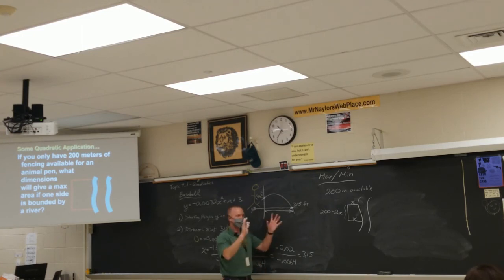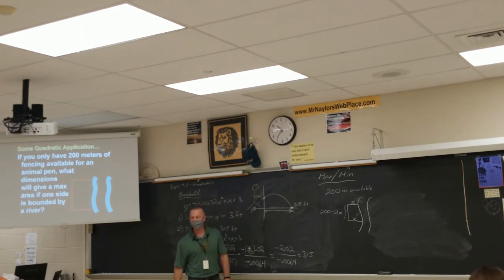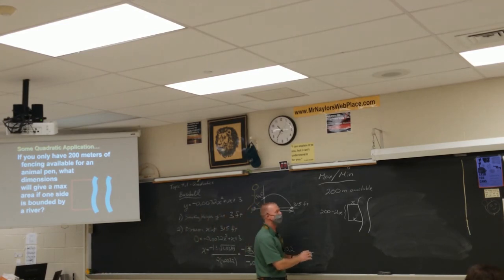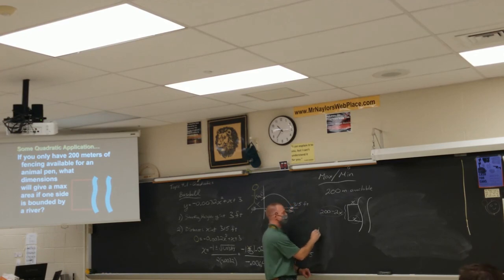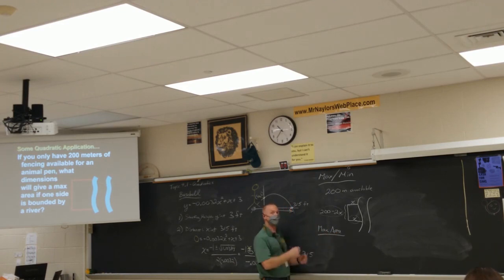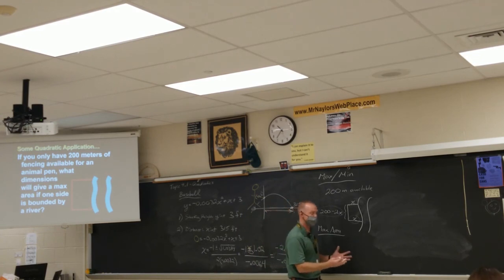Now, if you were kind of like, I don't even know where I was going to go with this problem, I wanted to get to this point. I wanted you guys to realize that I now have dimensions. And the place we were headed in this problem all along was to find a maximum area. And the cool thing about area is it's just length times width.